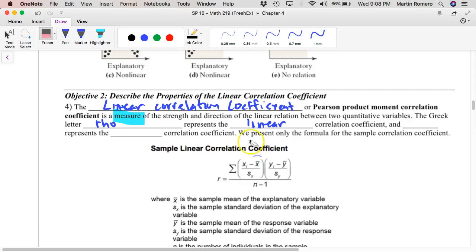The Greek letter rho, which looks like this, kind of a weird shape P, represents the population correlation coefficient, and the letter R represents the sample correlation coefficient.